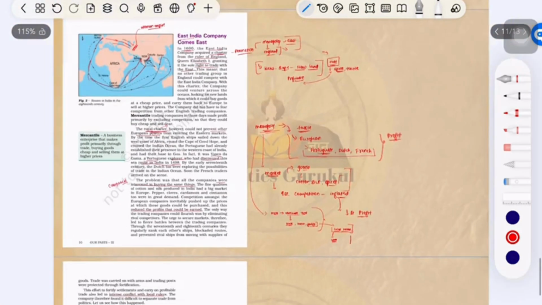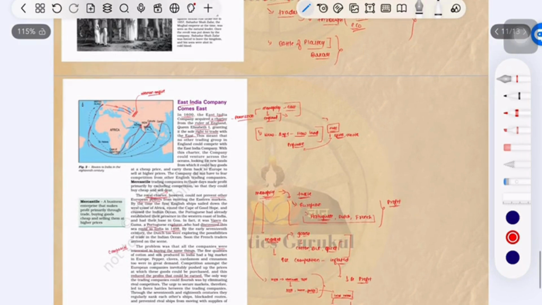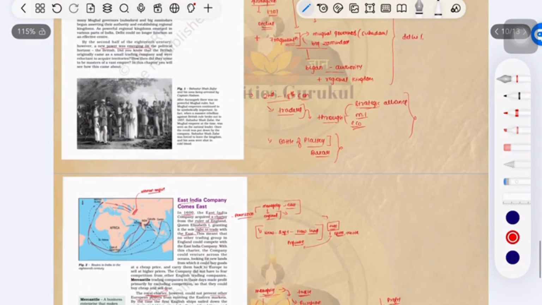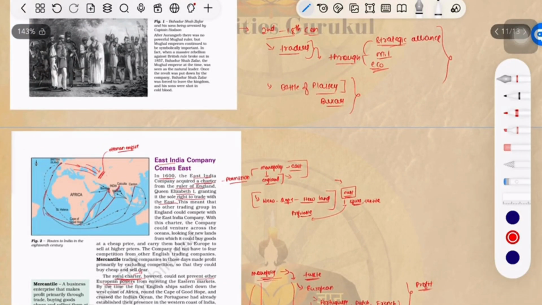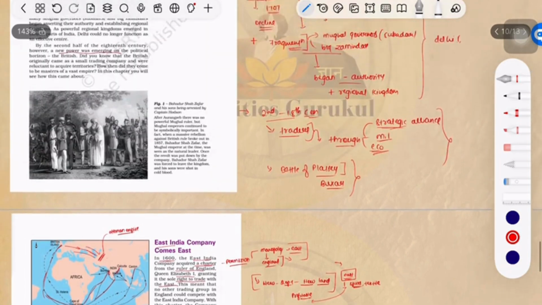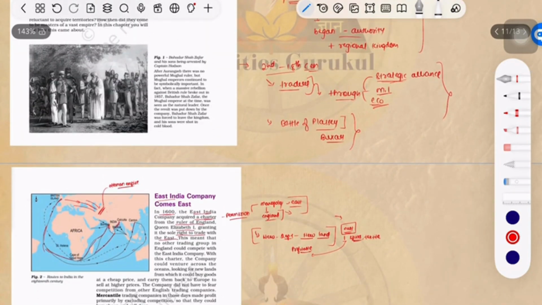So in this chapter, we'll primarily focus upon how the decline of Mughal rule started with the death of Aurangzeb, then the coming up of the East India Company from Britain, and their main motive was profit in the trade.